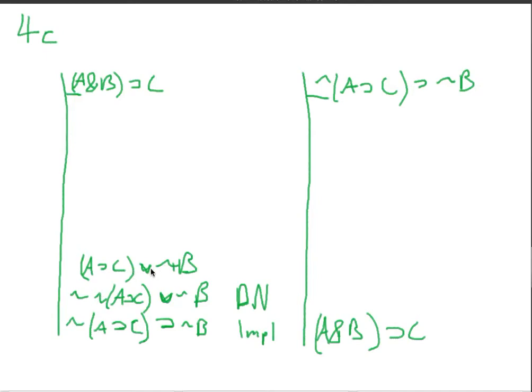Okay, so now I've got a disjunction as my main connective, and one of the things I need to do is rearrange these atomic letters so that I get the A and the B beside each other. And before I do that, I'm going to also get rid of this conditional here.